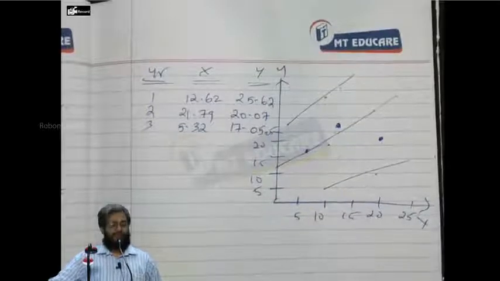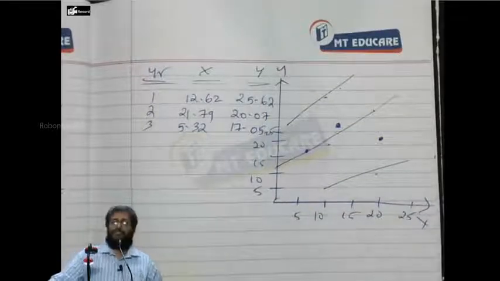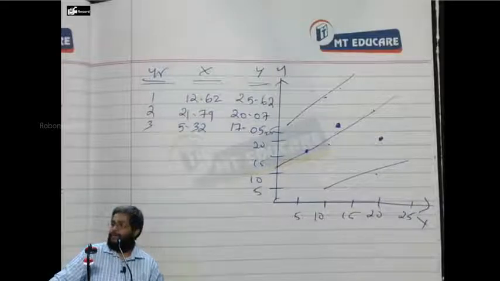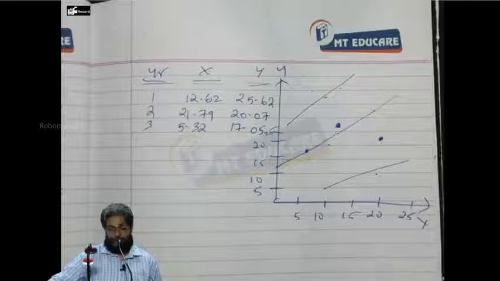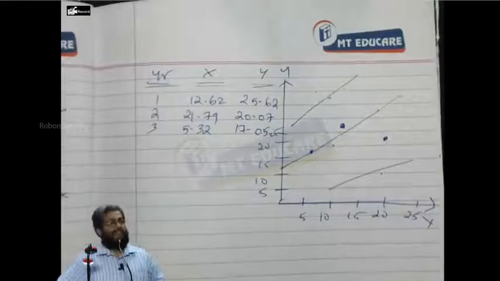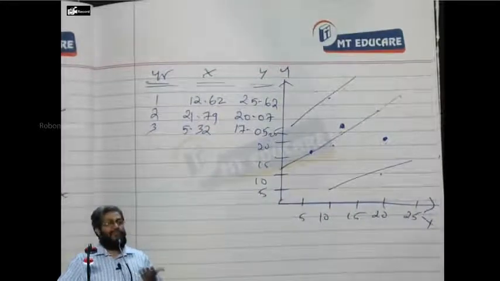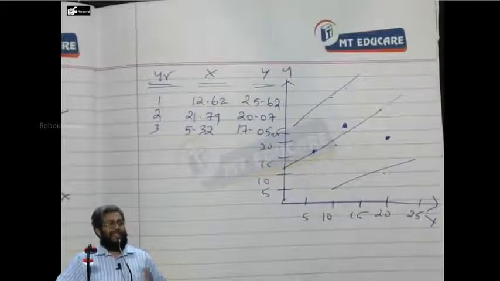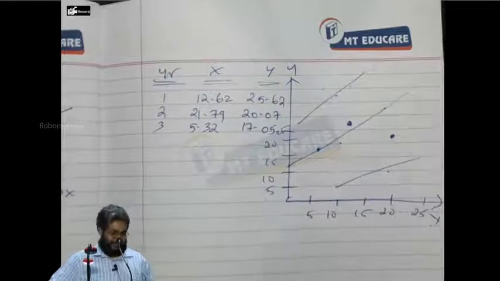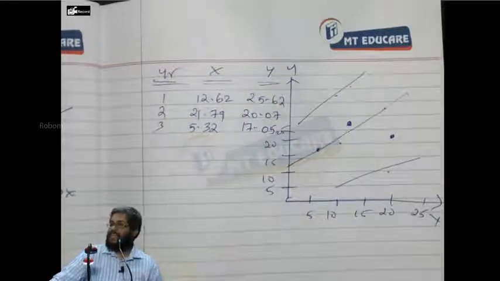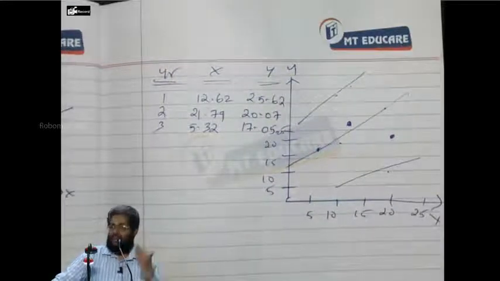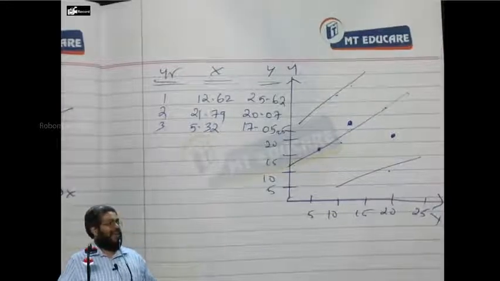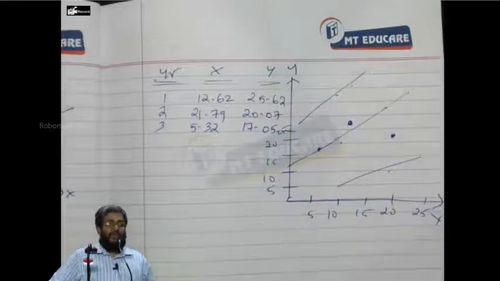We should discover a straight line with a slope of beta and a constant alpha which runs exactly in the middle of the scattered points.